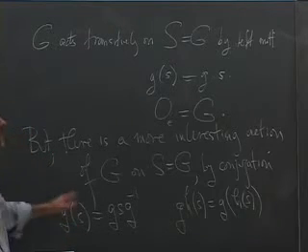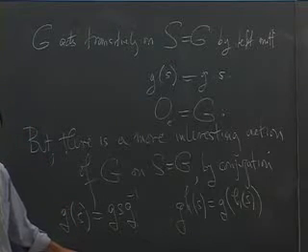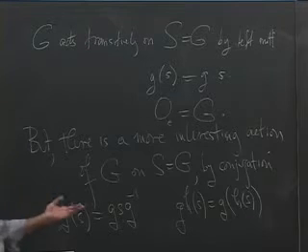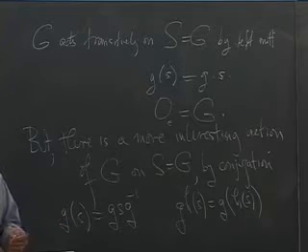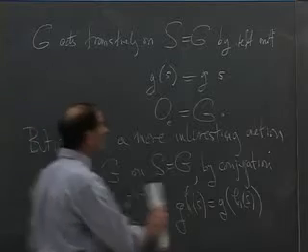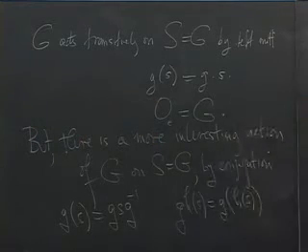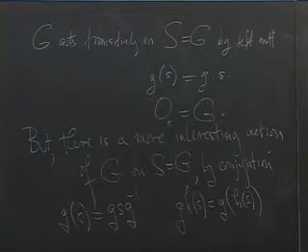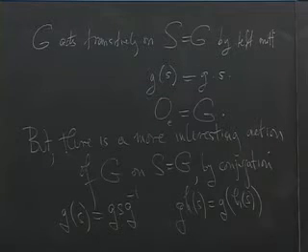So it satisfies the axioms. However, this is not a transitive action, unless the group is the trivial group, because what is the orbit of the identity element in this action? Itself. Very good.